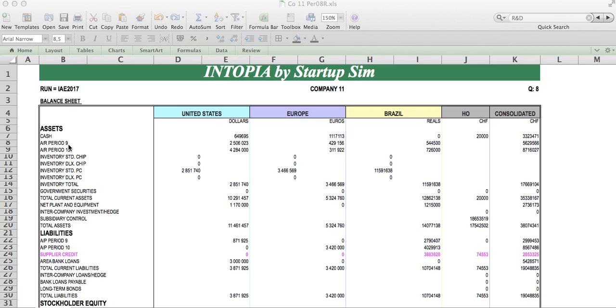Then will be account receivable. Account receivable are money that other players, other organizations owe me. These are amounts that will be paid to me in this case because we are in period 8, Q8. Account receivable period 9 is the amount that, for instance, clients will pay me in the following period.